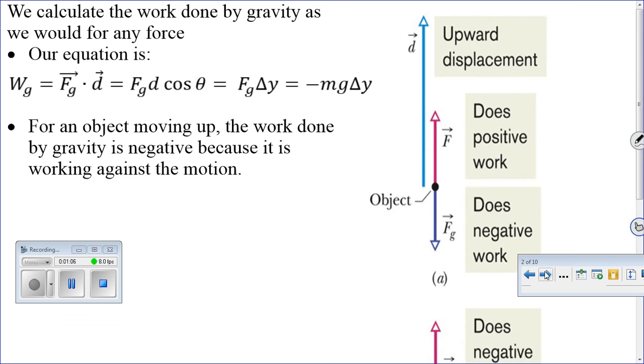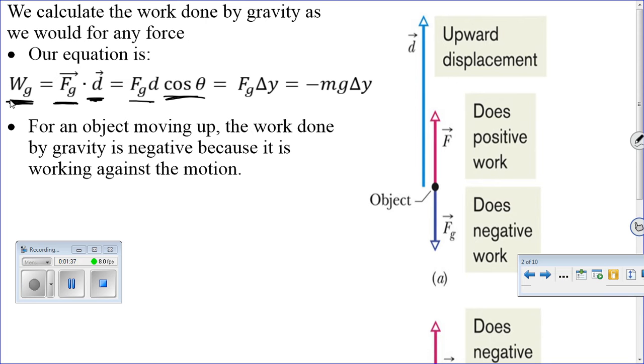Okay, so when we calculate the work done by gravity, you do it the same way that you would calculate the work done by any kind of force. It's force dot distance. So the work done by gravity would be equal to the force of gravity as a vector, dot product with the displacement. The dot product can be written as the force of gravity times the distance times the cosine of the angle.